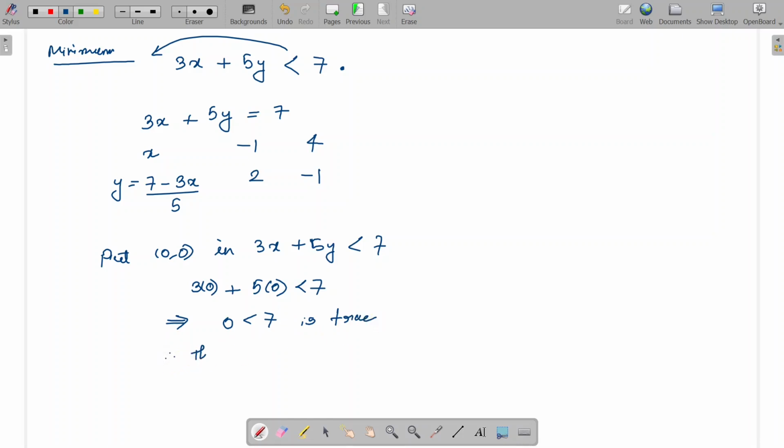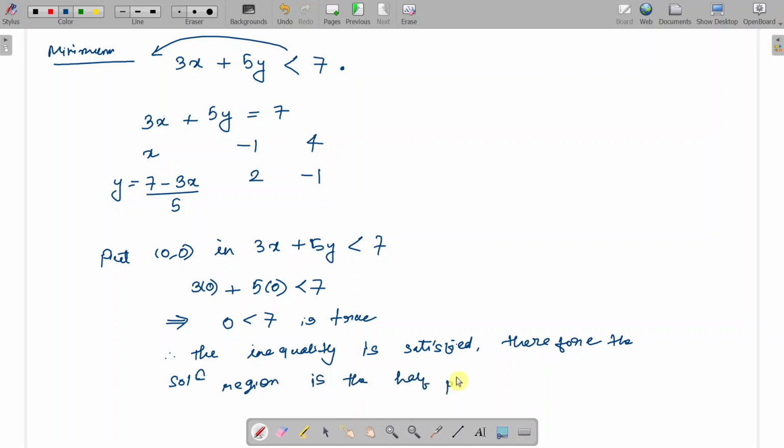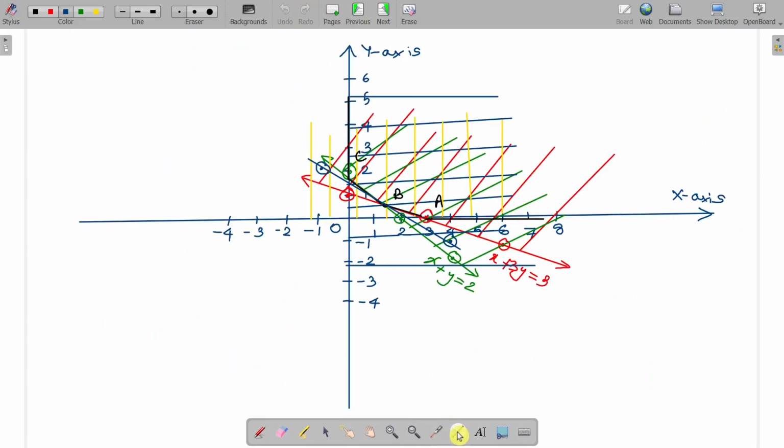So therefore the inequality is satisfied. Therefore the solution region is the half plane where 0 comma 0 lies. Okay, so the feasible region for the line is this here.